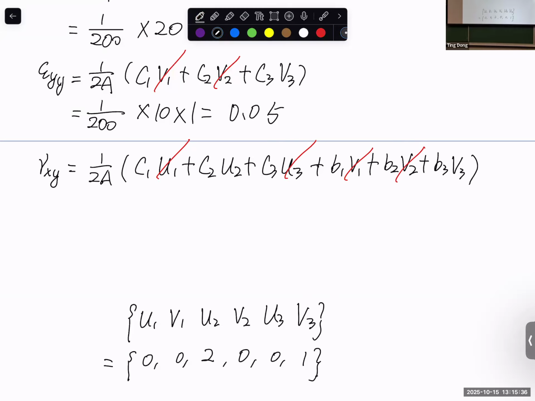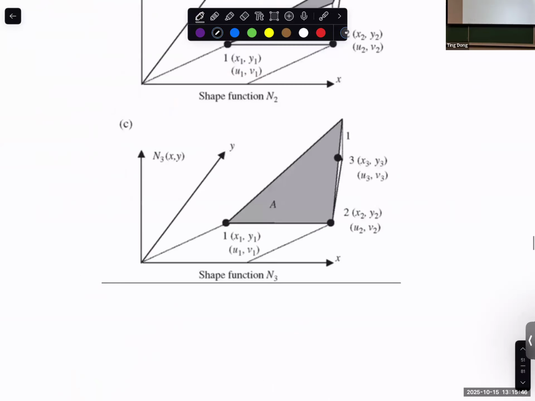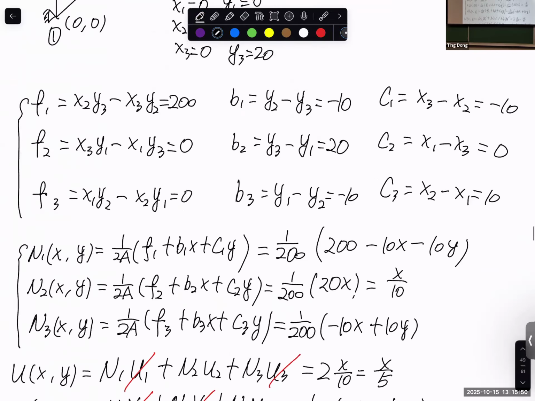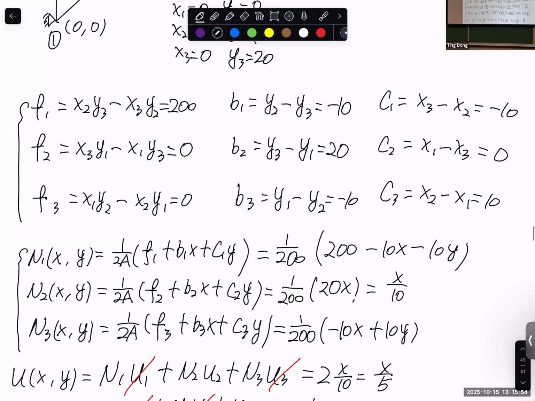We have two terms, with coefficients B2 and C3, and C2 and B3. This is 0, negative 10.